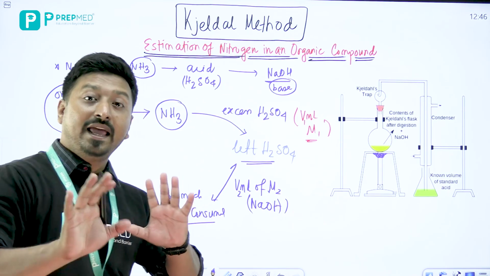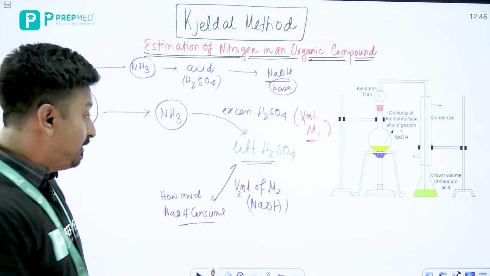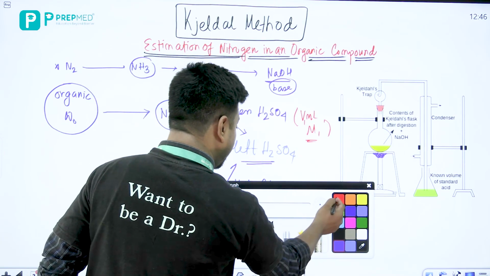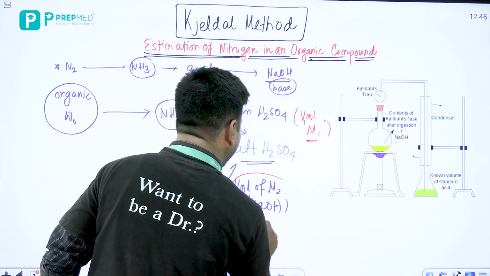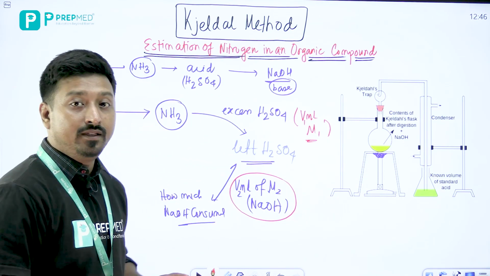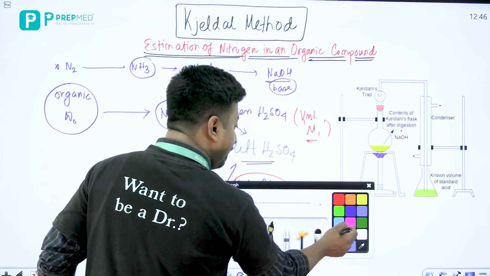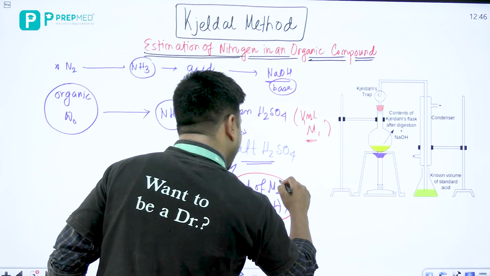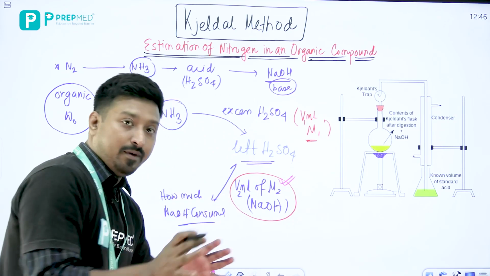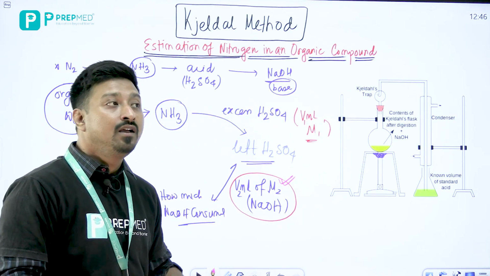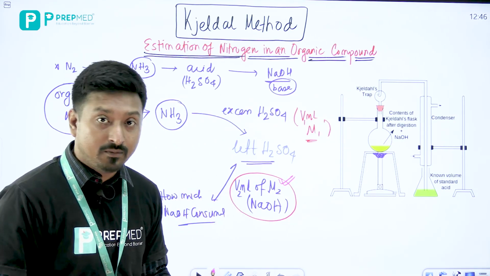Now in your exam, in the problems which will be given, you will be knowing three things. Number one, they will give you the data of how much sodium hydroxide is consumed and the strength of the sodium hydroxide.